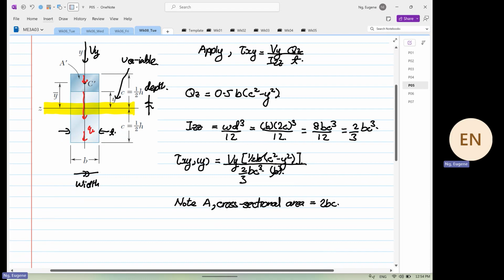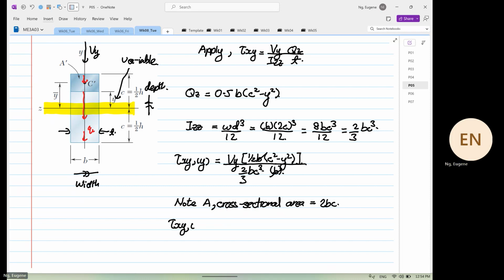What I'm going to do now is introduce A into the term over here. So we have shear XY as a function of Y, equal to Vy. The top is still the same, half C squared minus Y squared, close bracket.